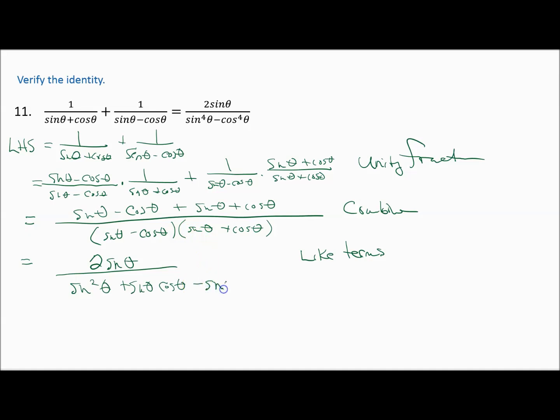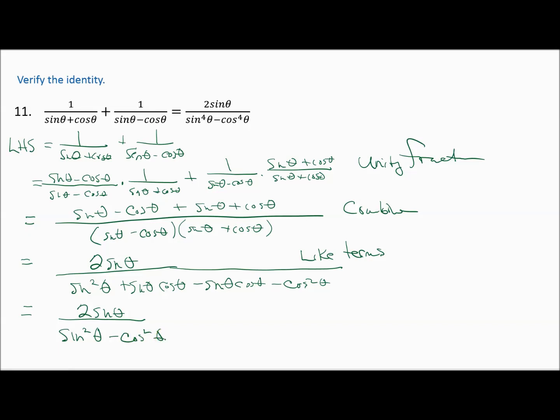Now I'm switching the order on you. Commutative property of multiplication, we're allowed to do that. Negative cosine of theta times positive cosine of theta means minus cosine squared of theta. Now, combining like terms, these two guys cancel. So I have 2 sine of theta over sine squared of theta minus cosine squared of theta.